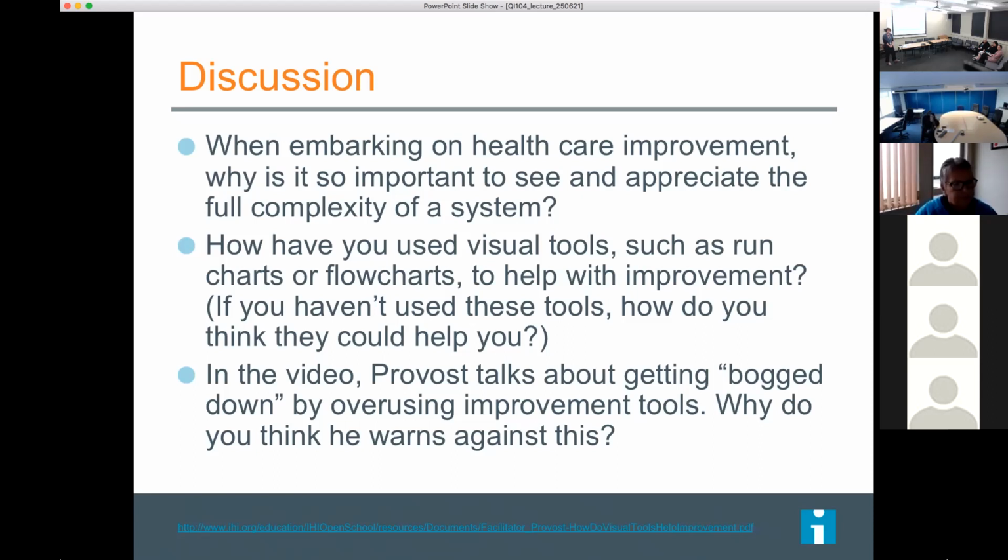But that doesn't seem to get the resource from any of those projects. So although the data's saying that's the most important problem, all the resource gets put into the ED and the processes within ED and making things much more efficient. Of course, they still struggle with their 4-hour wait because they can't get people out of the hospital.